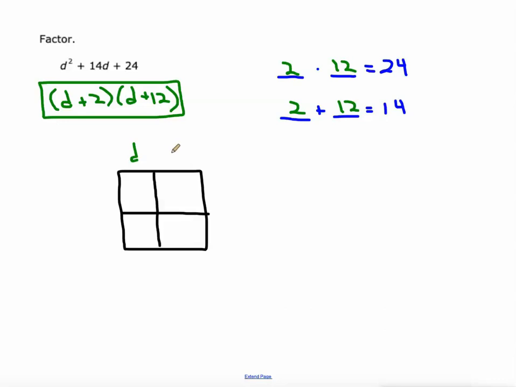So if it's got a width of d plus 2 and a height of d plus 12, its area would be d squared, d times d, 2d, 12d, and 14. I'm sorry, not 14, but 24.